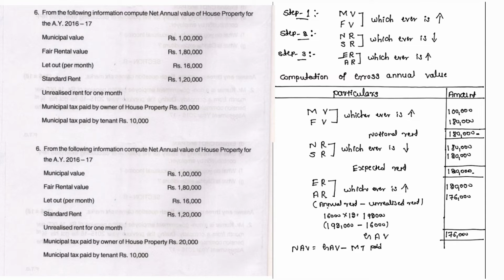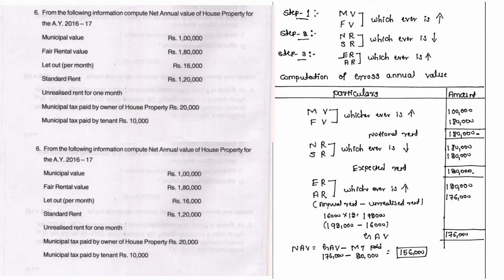We have to consider municipal tax paid by the owner. So 1,76,000 is gross annual value minus municipal tax paid by the owner 20,000. If you do that, you will get 1,56,000 as your net annual value.